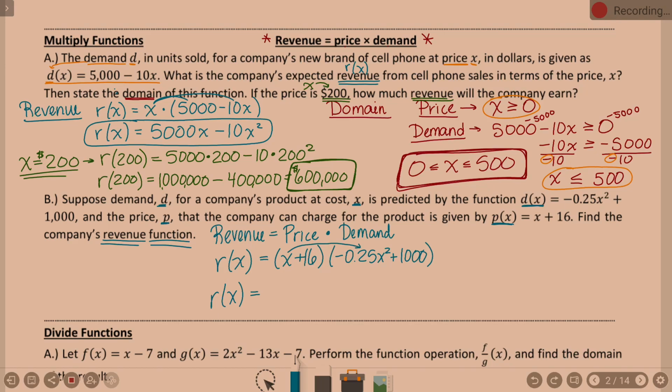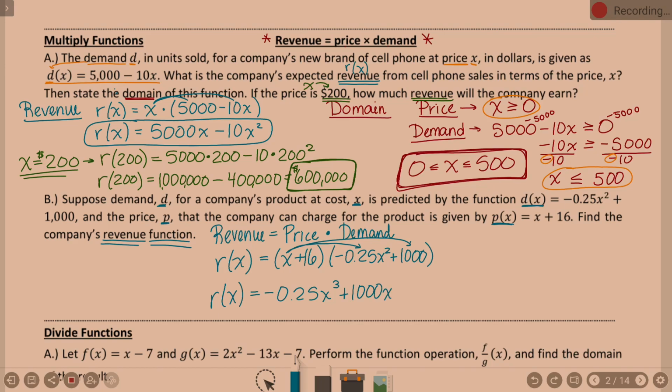What happens when you multiply X onto that? It becomes X to the third. So negative 0.25 X to the third. Okay, now X times 1,000. 1,000X. So plus 1,000X.